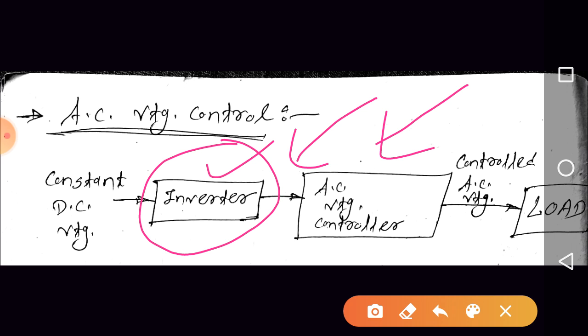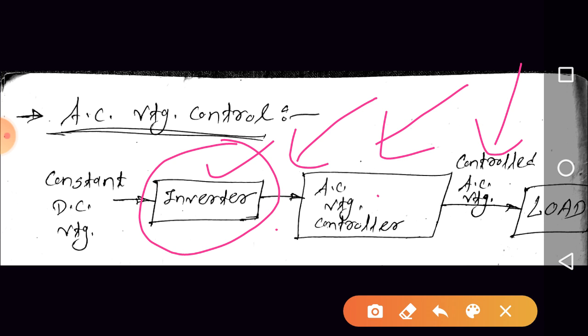The AC voltage controller is the circuitry which converts fixed AC to variable AC, that is, fixed AC to controlled AC. So whatever the output of the inverter, that AC we give as an input to the AC voltage controller. This AC voltage controller gives the controlled AC voltage, and this voltage is given to the load as an input. Are you getting the point?